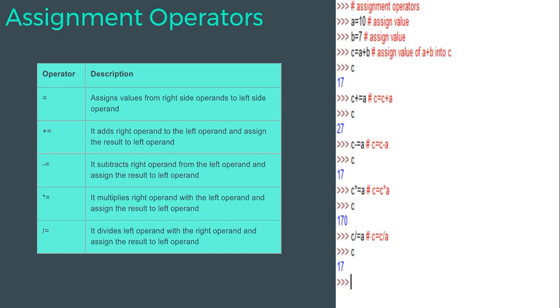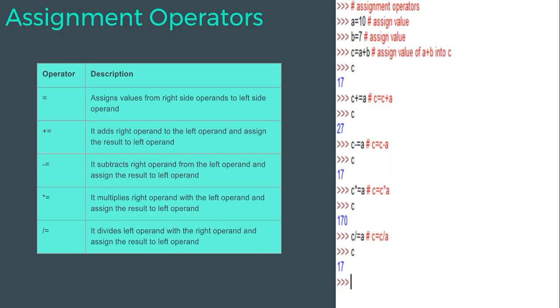Here the c value will be 17 plus 10, which means 27. Now c has 27. If we perform the subtraction equal operator, c minus equal to a, the meaning of that is c is equal to c minus a.